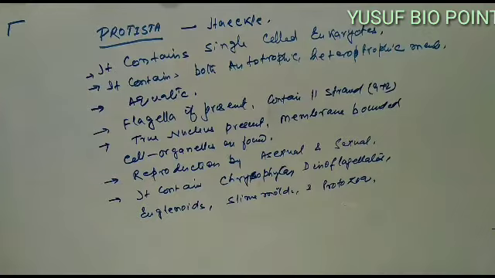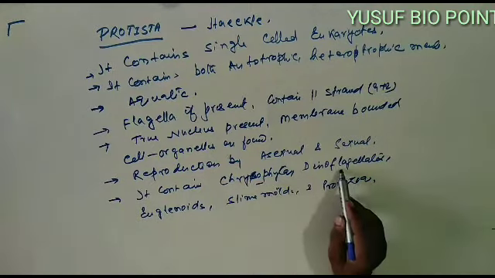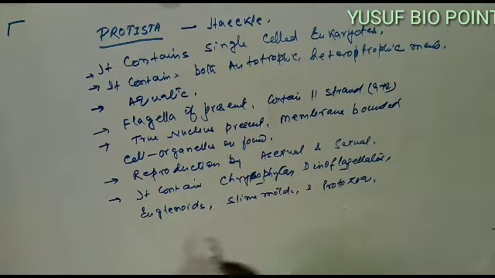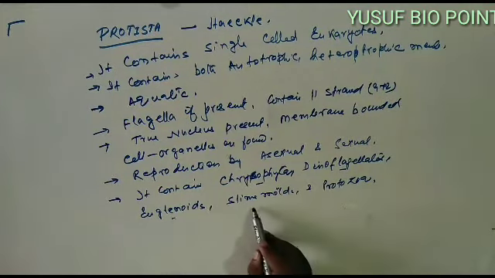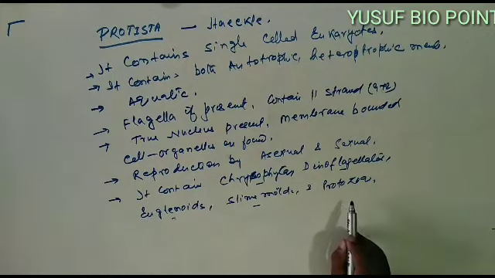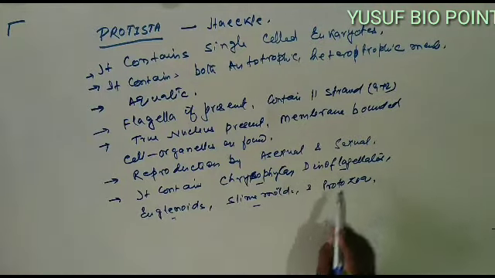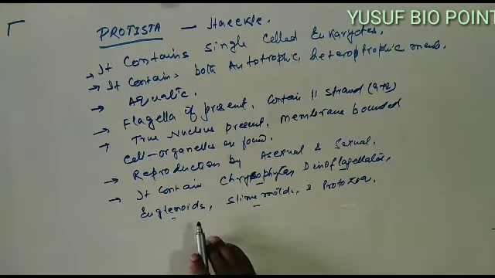This contains chrysophytes, dinoflagellates, euglenoids, and slime mold. You will see that chrysophyta, dinoflagellates, and euglenoids are all photosynthetic. Slime mold is saprophytic, and protozoa is heterotrophic. Now we shall discuss chrysophyta, dinoflagellates, and euglenoids separately.